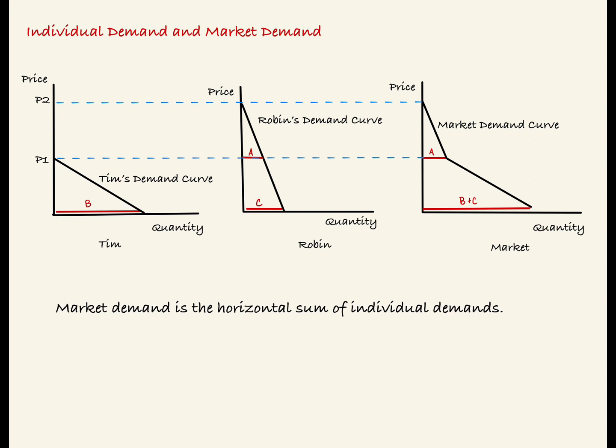Now let's take a look at price P1. At the price of P1, Tim's quantity demanded is 0.